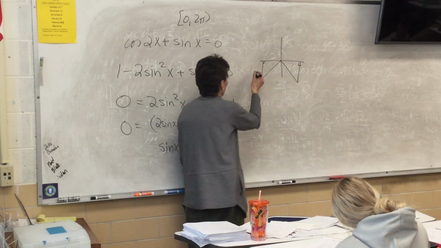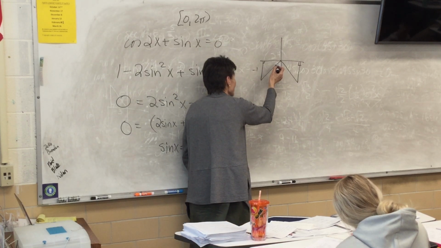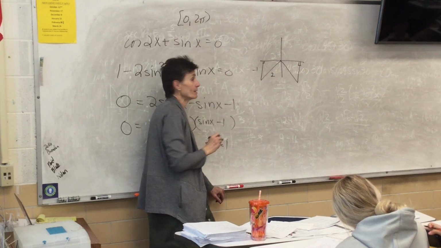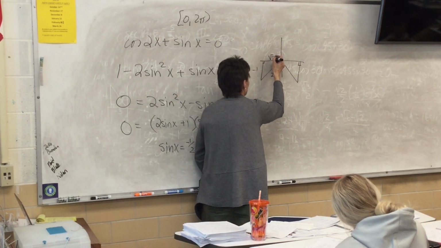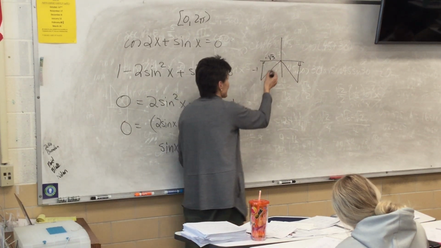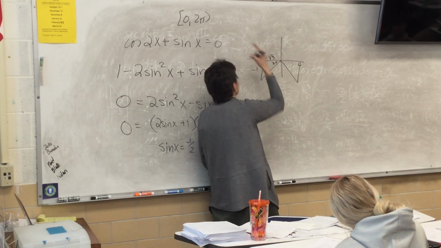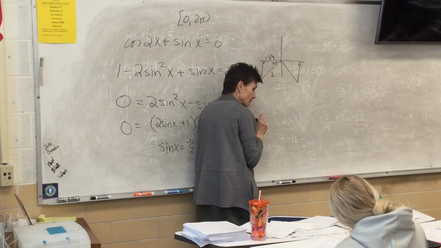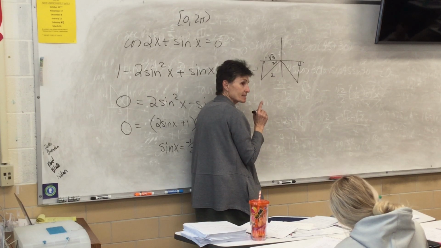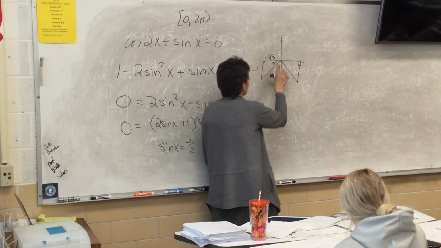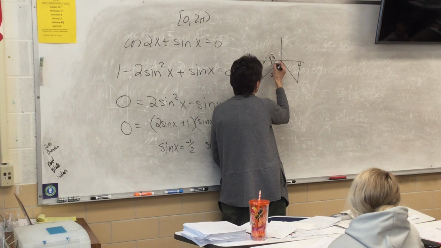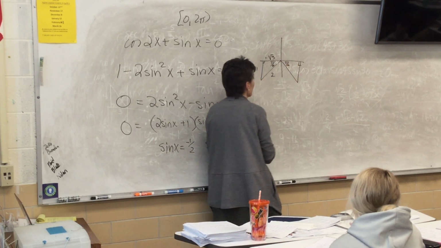And it's -1/2. So how big is that little reference angle there? If that's a 1 and that's a 2 and this was supposed to be √3, how big is that angle? 30. But I'm in radians, so 30 is a sixth of 180. So it's gonna be pi over 6. They're both pi over 6.